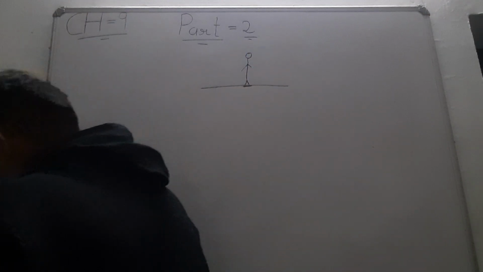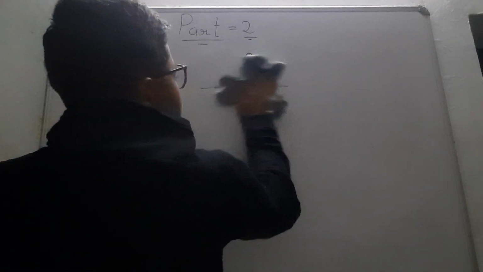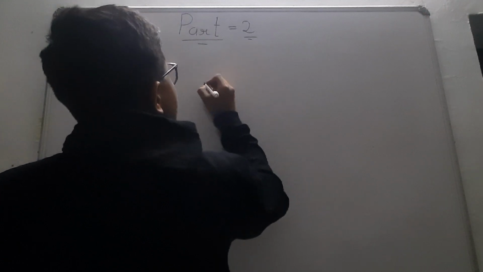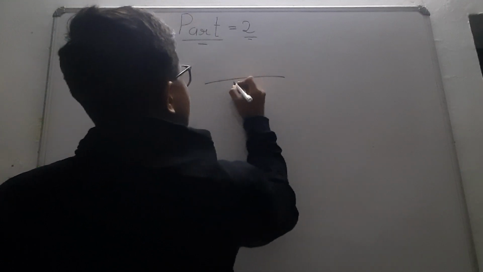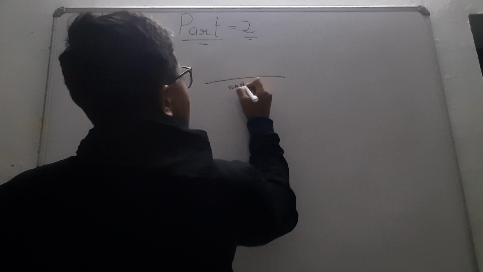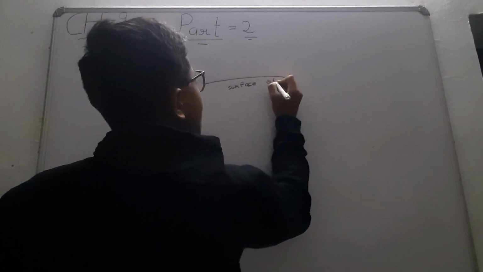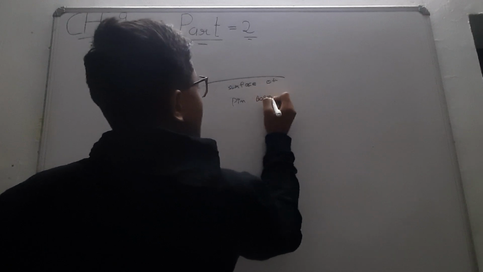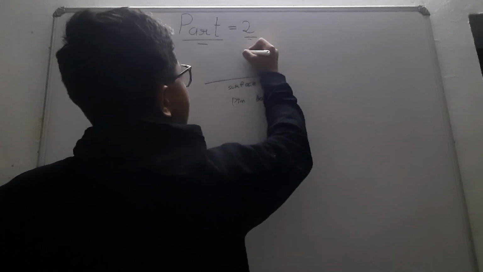Let's take another example, as some might be confused with this. Let's take a pin board. This is the surface of the pin board, and this is the pin.